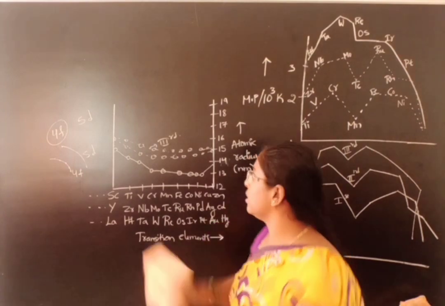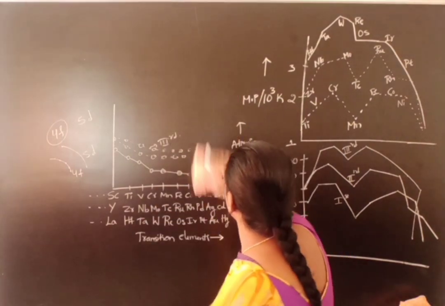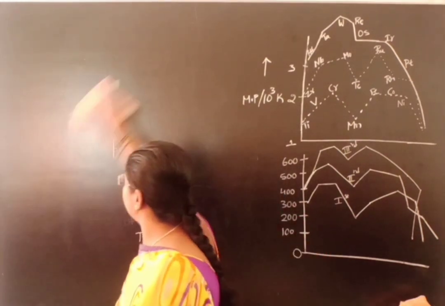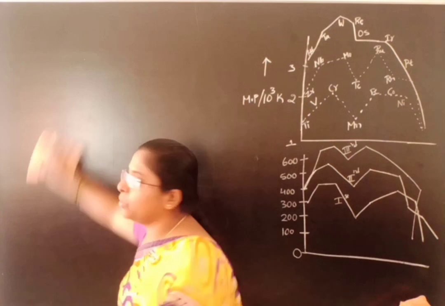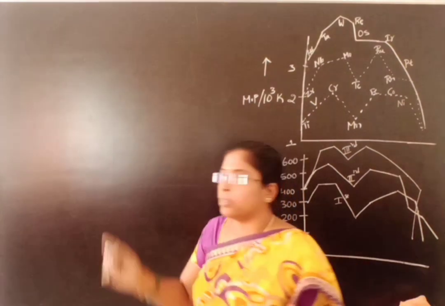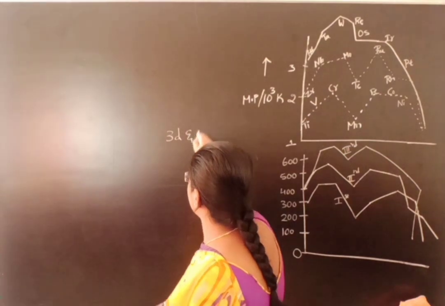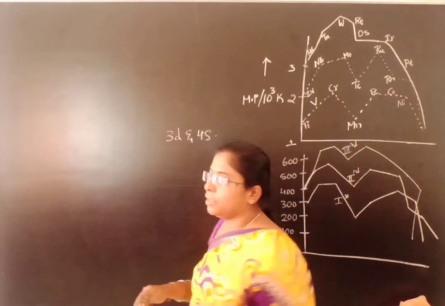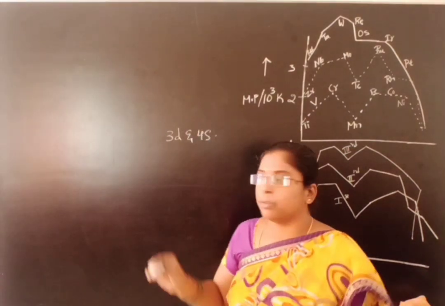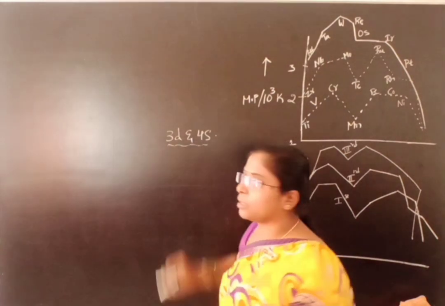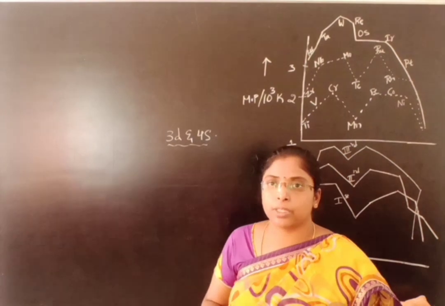In the last class, we discussed the ionization enthalpy. Here, when an electron is removed, if we take the 3d as well as 4s option, what happens? There is a change in their energy levels.